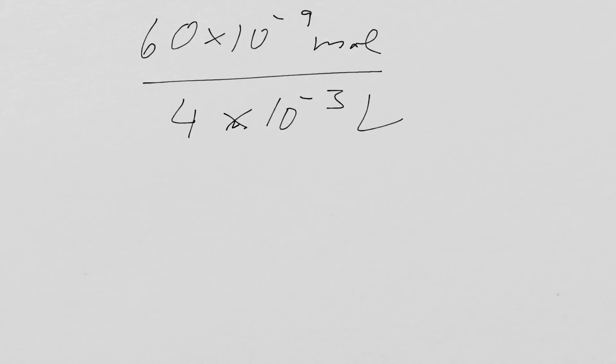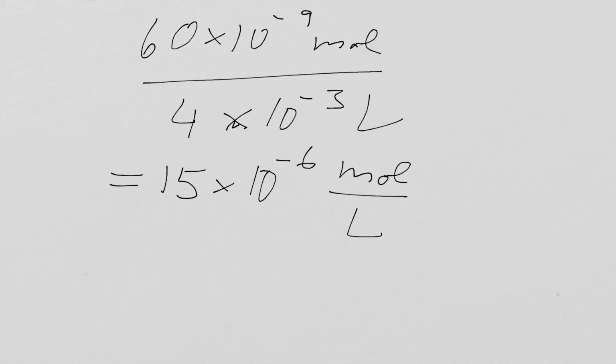And that is fairly easy to calculate. It is 60 divided by 4 is 15. 10 to the minus 9 divided by 10 to the minus 3 is 10 to the minus 6 mole per liter.